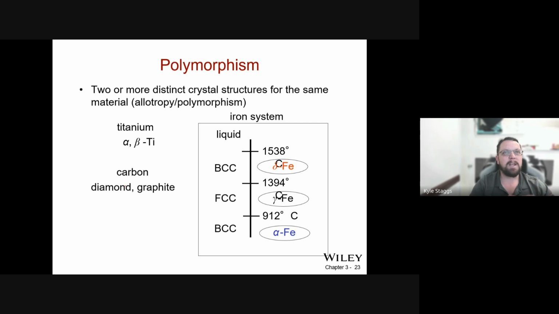There can be a couple at the same time. Carbon does this, for instance, with diamond and graphite. Chemically, they're identical. Crystallographically, they are very different.